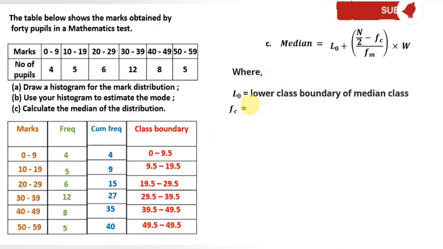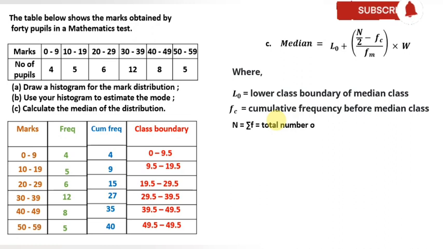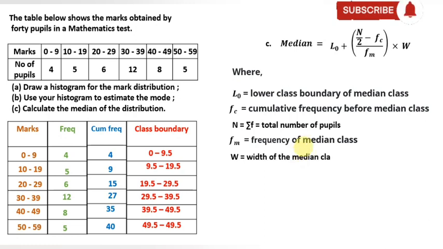We're going to search that out. FC is the cumulative frequency before the median class. N is equal to summation F, which is the total number of pupils. Fm is the frequency of the median class. W is the width of the median class.